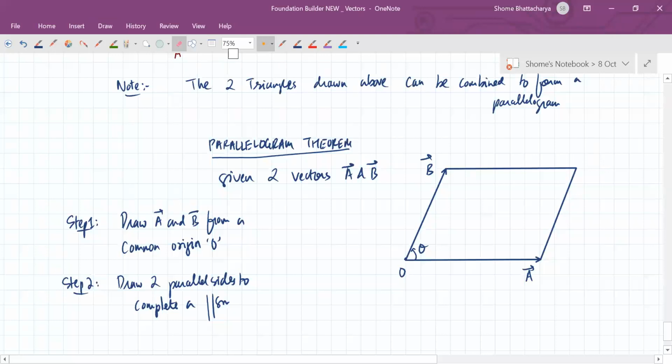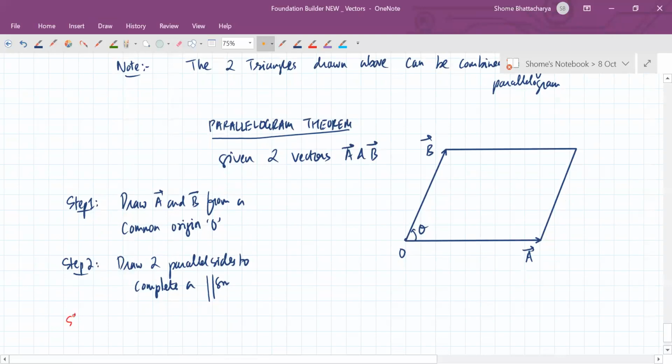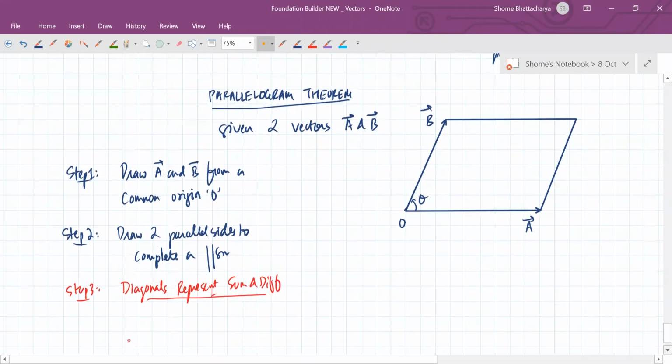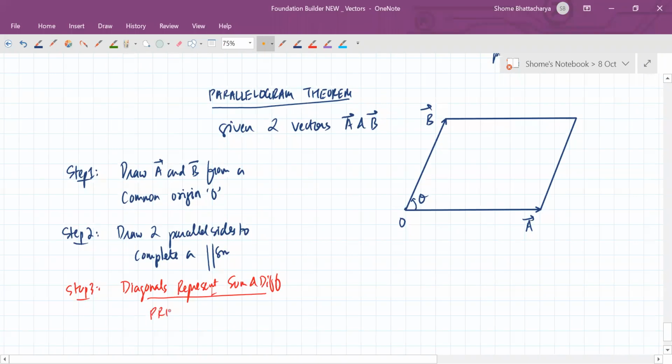Now we can see that the third step in this parallelogram, the diagonals represent the sum and difference. So how do they represent the sum and difference? The so-called primary diagonal.